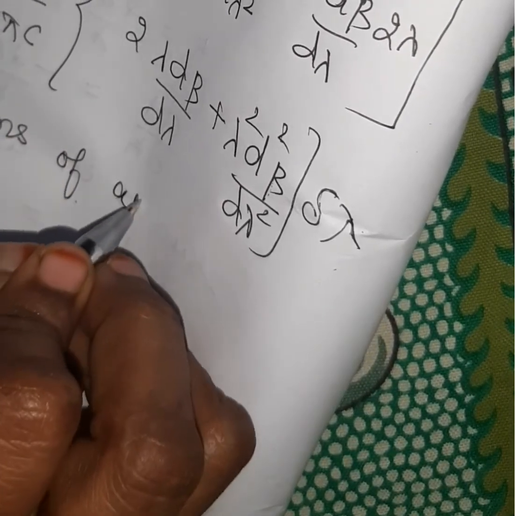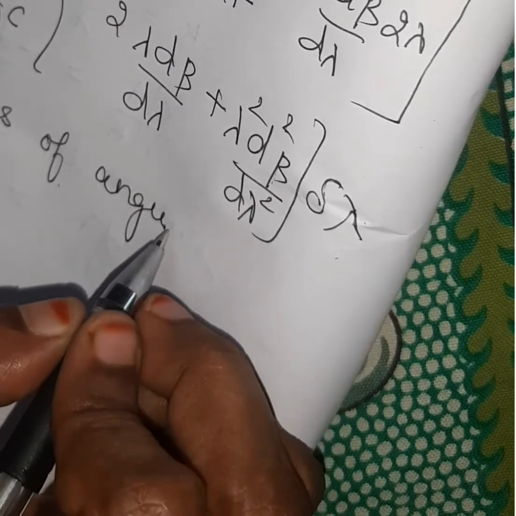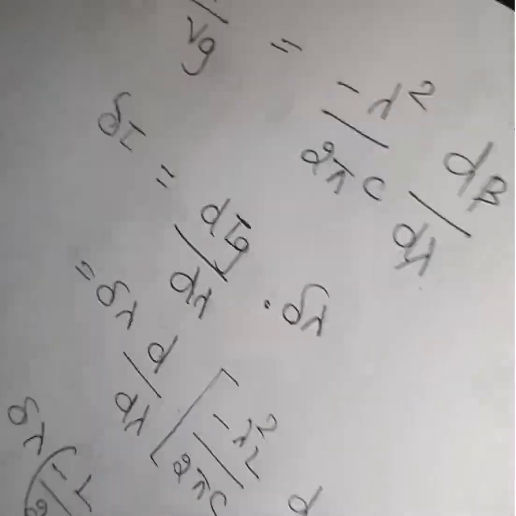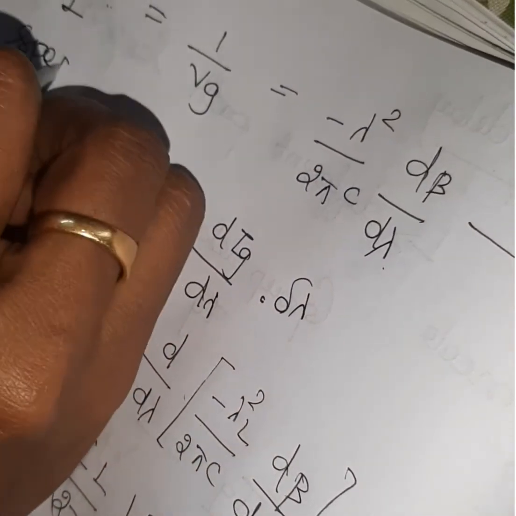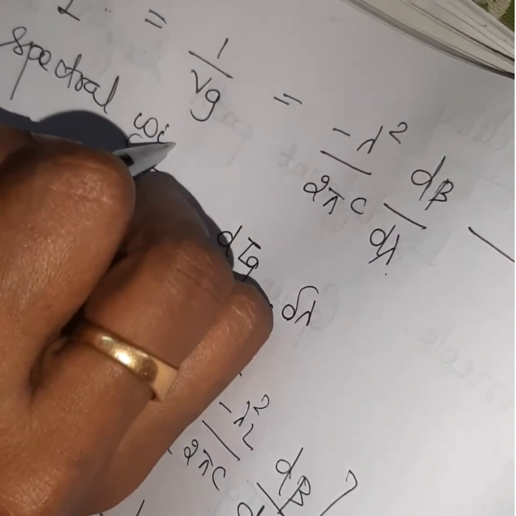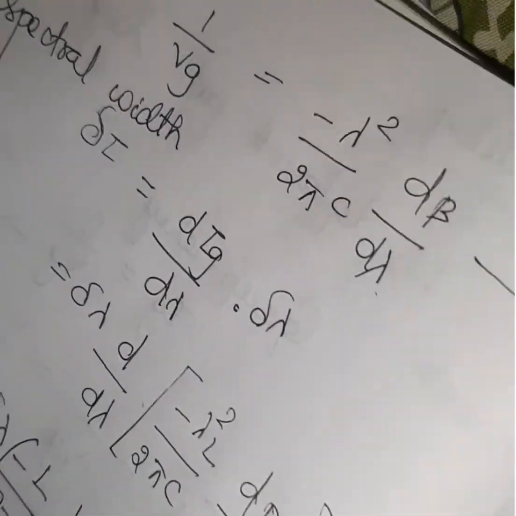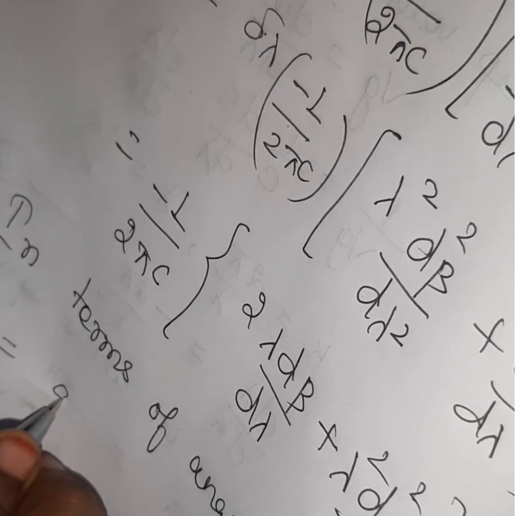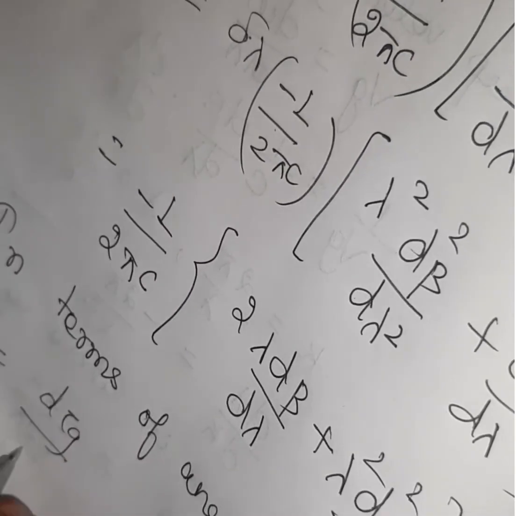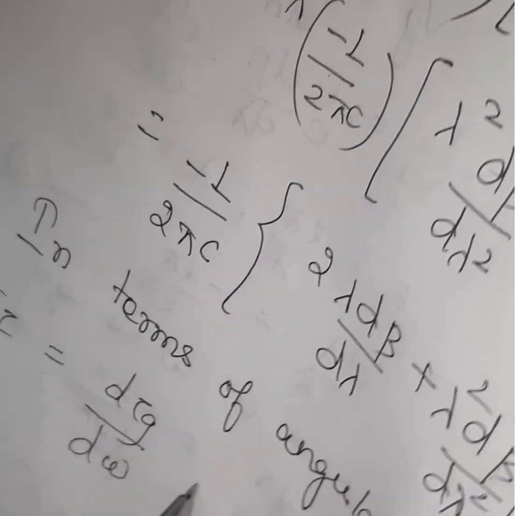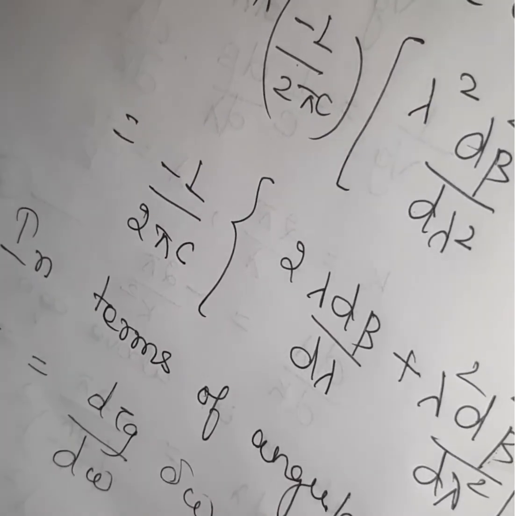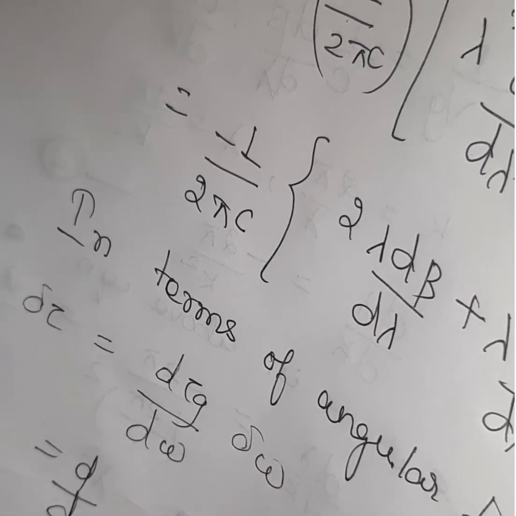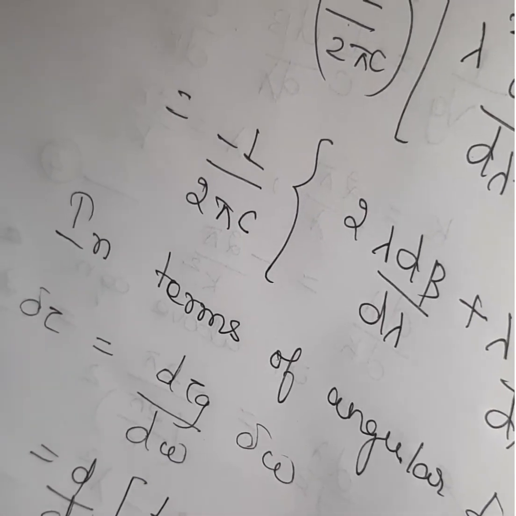Next we are going to derive the group delay based on the angular frequency. You can write the group delay based on angular frequency as d tau g by d omega. Write the same equation in terms of the angular frequency, and substitute the tau g value as L by Vg.